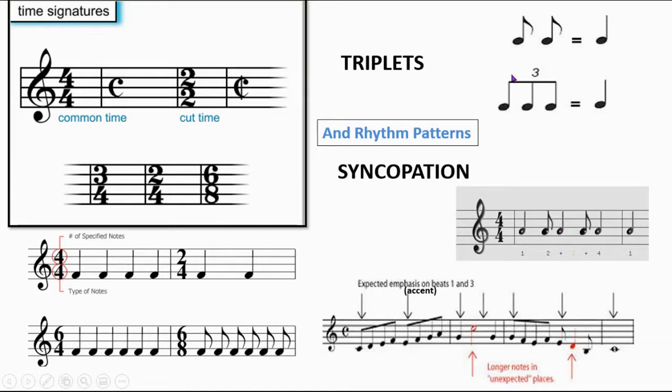A rhythm pattern whose value equals a quarter note is called a triplet. Another name is triola. Why triola? Because it's easy to say. If I say 1, 2, 3, 4, triola, triola, triola, triola.